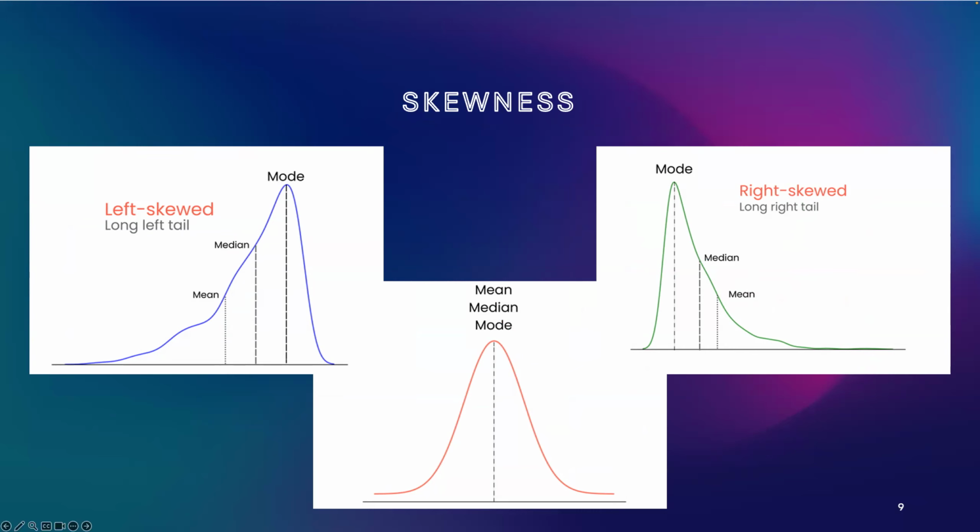Categorizing or measuring the skewness accurately offers insights into the distribution of values around the mean and affects the selection of statistical methods and data transformations that we have. For instance, distributions with high skewness may be improved through normalization or scaling to approximate a normal distribution, as you can see here.